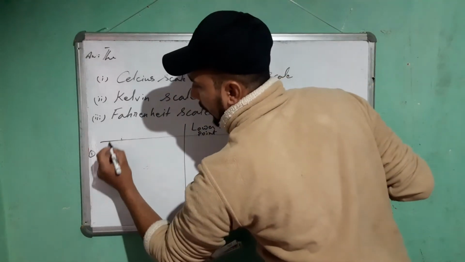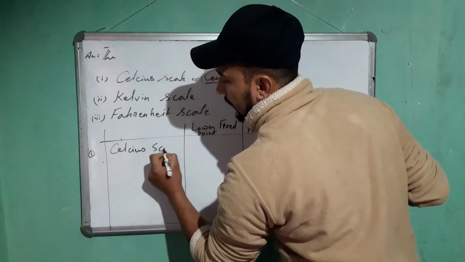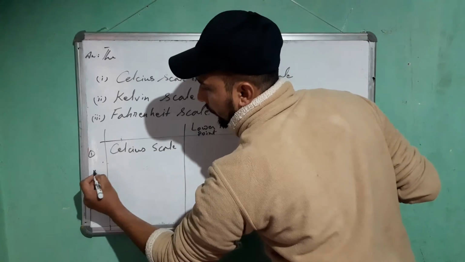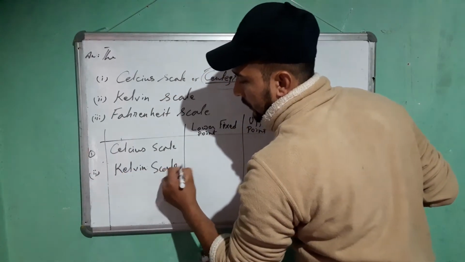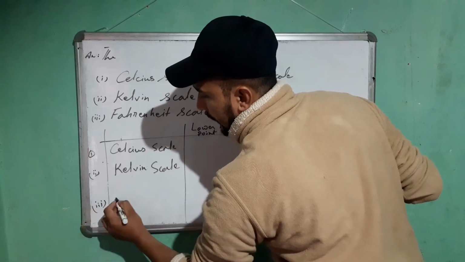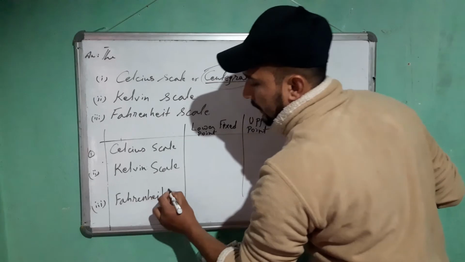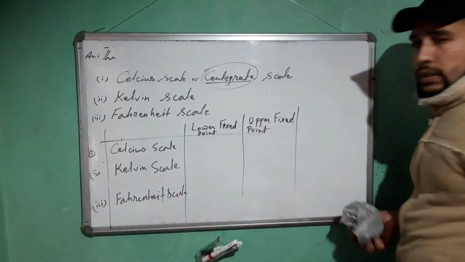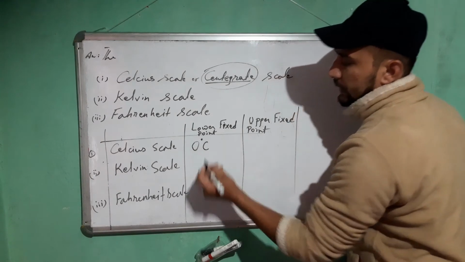Here, number one, Celsius scale. Number two, Kelvin scale. Number three, Fahrenheit scale. For Celsius scale, lower fixed point is 0 degrees Celsius, capital C.